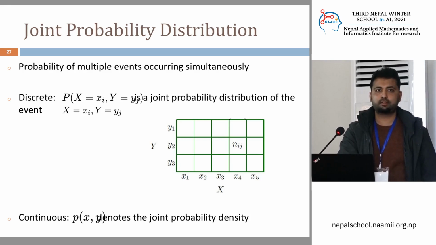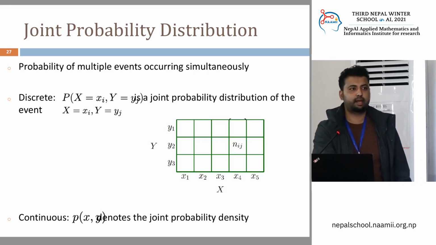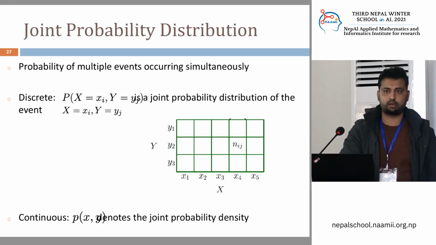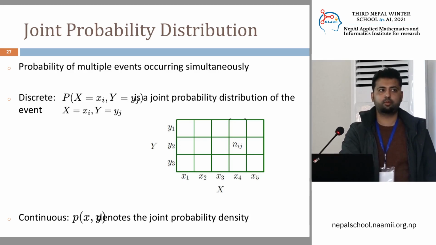So you ask things like, what is the probability that when the price of a stock is 0.5, you would get a hit? You want to talk about two events occurring simultaneously. So then you need to talk about the joint probability distribution.